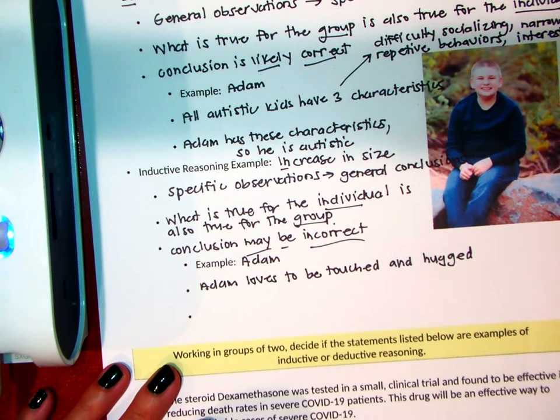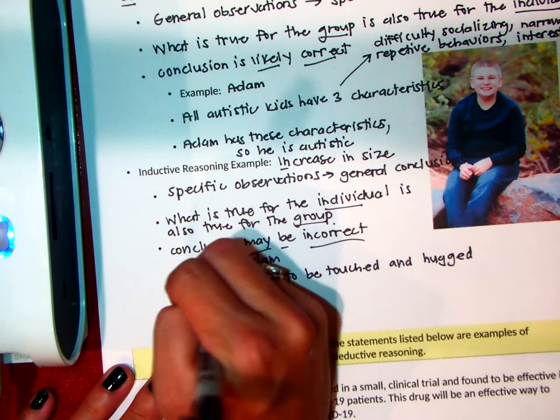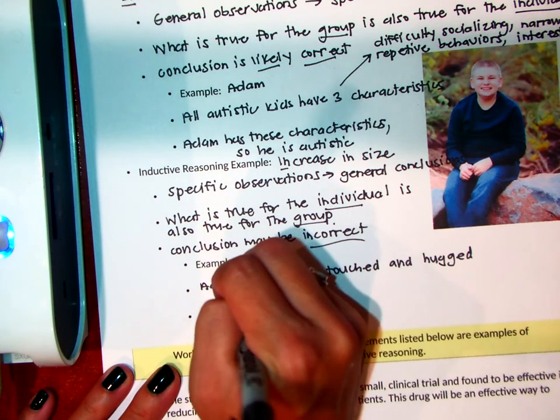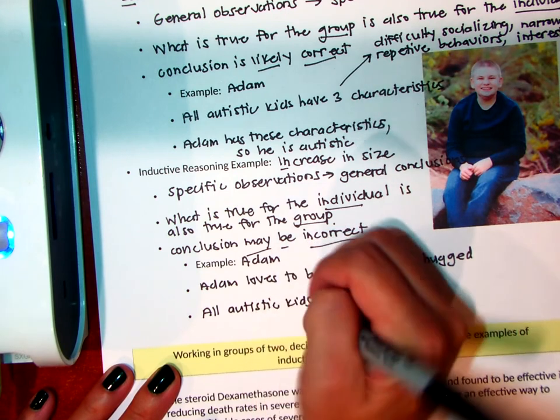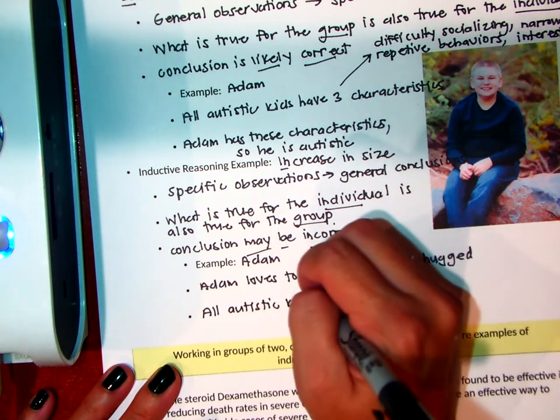If we use inductive reasoning, we could look at that specific observation from Adam and make a general conclusion about all people that have autism and say all autistic kids like to be touched and hugged.